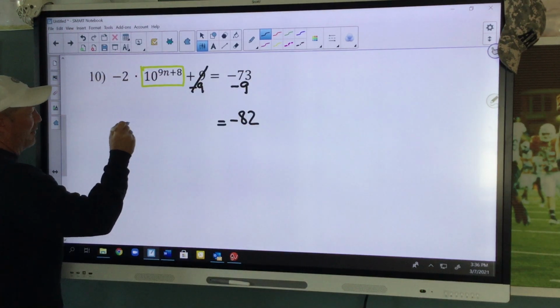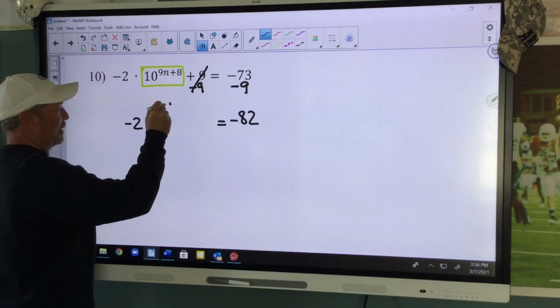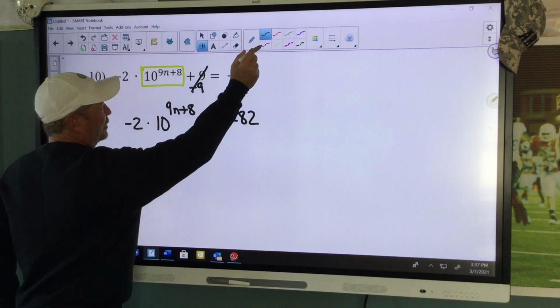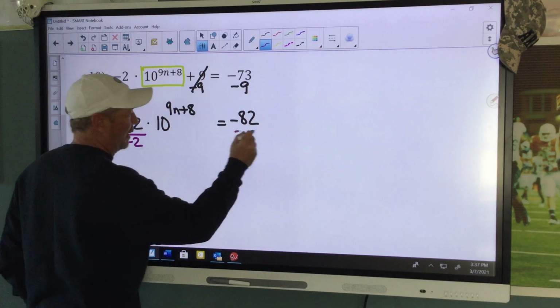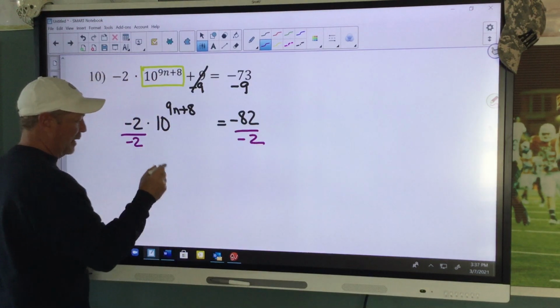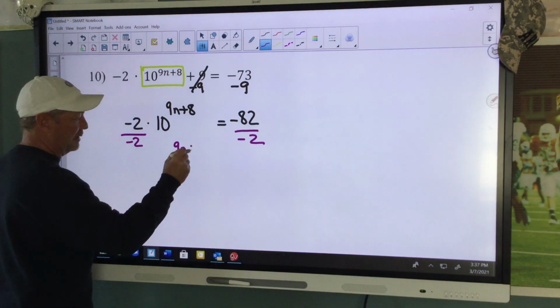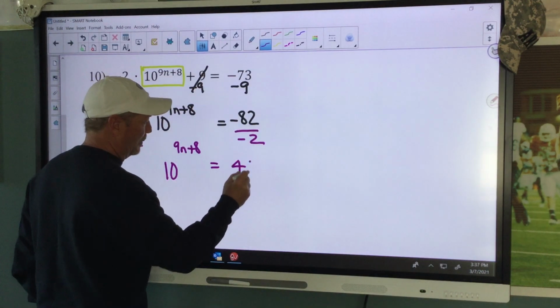So bring this down, we have a negative 2 times 10 to the 9n plus 8. We're going to ask you to divide by negative 2, divide by negative 2. That's going to leave us with 10 to the 9n plus 8 equals a positive 41.